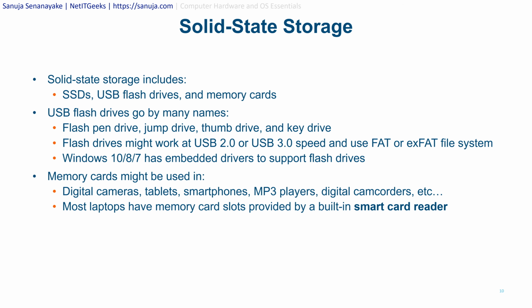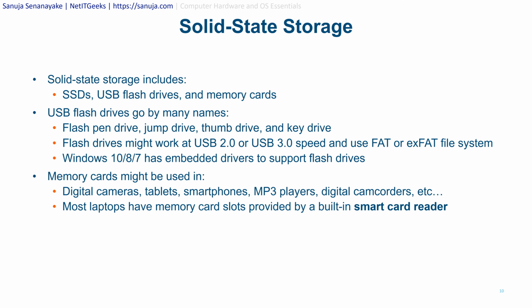USB flash drives go by many names. They were known as flash pen drives, jump drives, thumb drives, and key drives. Flash drives might work at USB 2.0 or USB 3.0 speed and typically use the FAT or exFAT file system. However, you can also reformat your flash drives to work with NTFS if you wanted to.